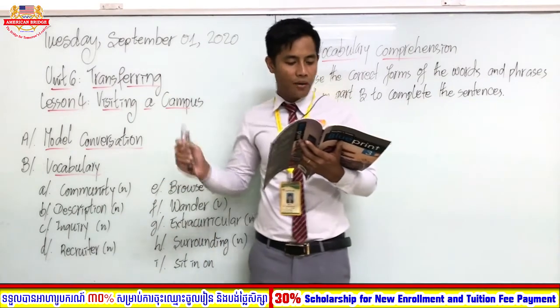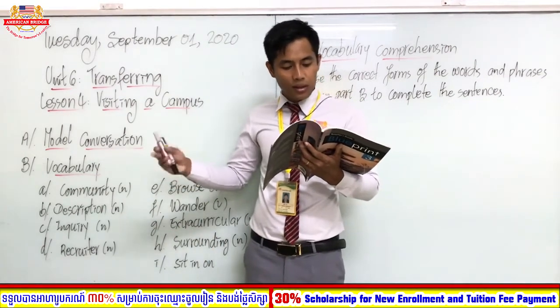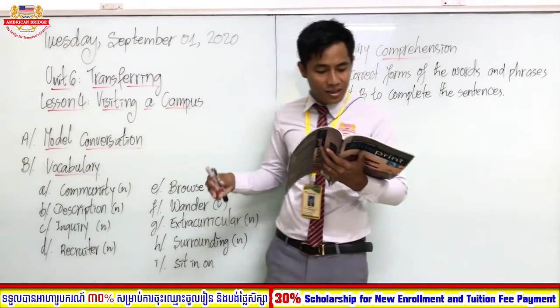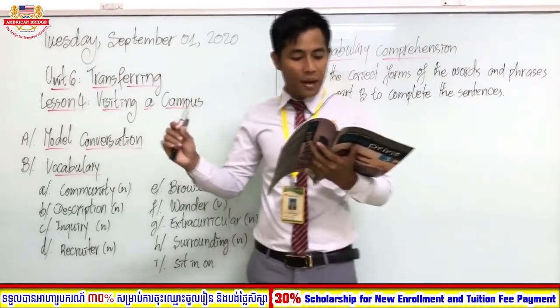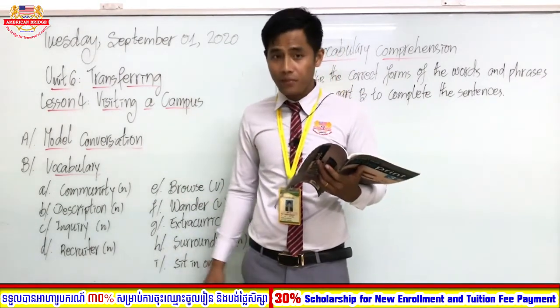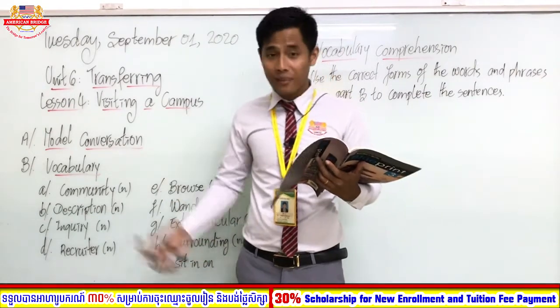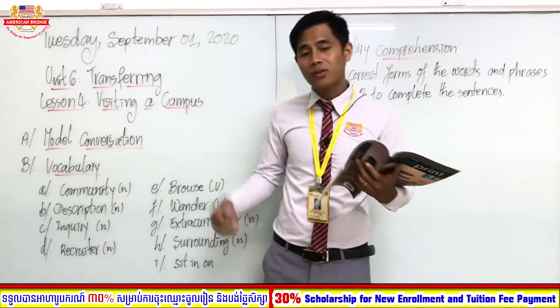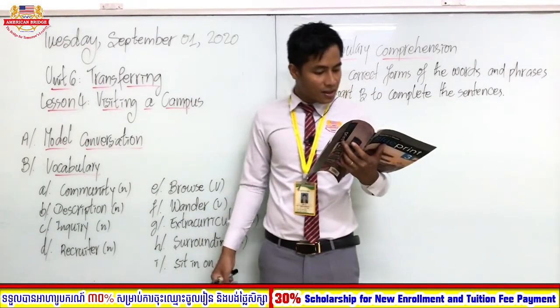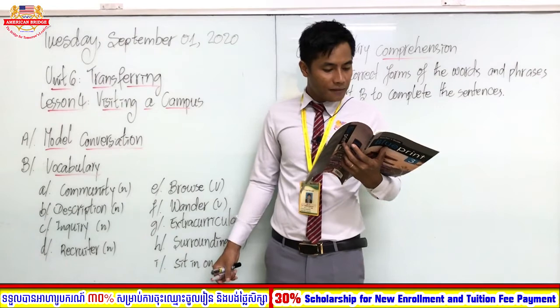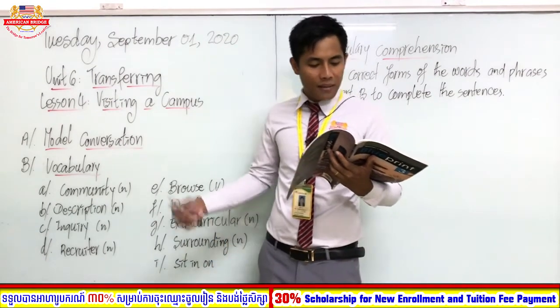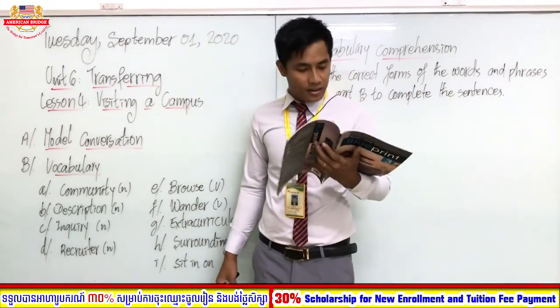Use how about or what about to make suggestions. The structure is how about or what about plus verb plus ing. Do you know how to use how about and what about, students? This is used to make suggestions. For example, we can say how about visiting some campuses?